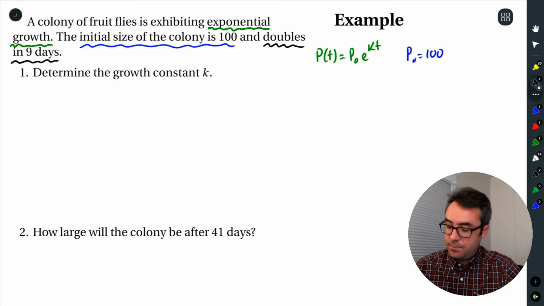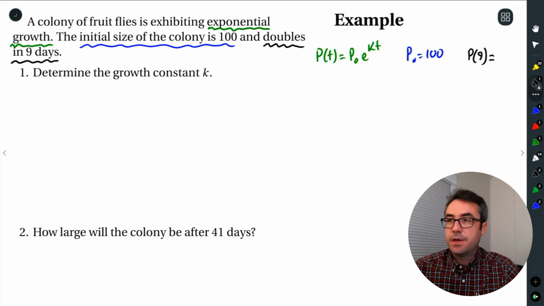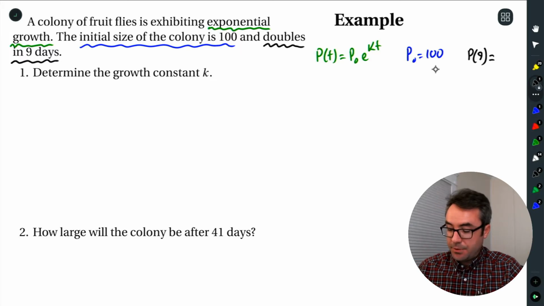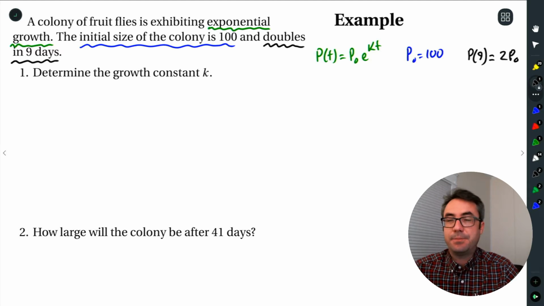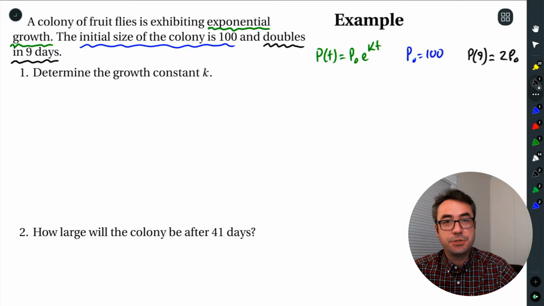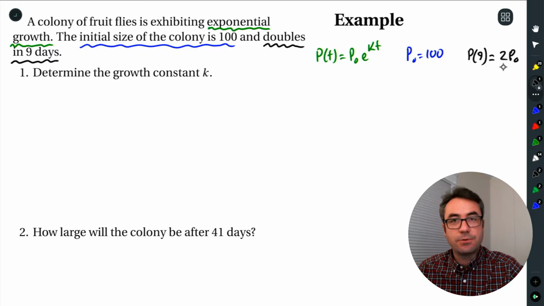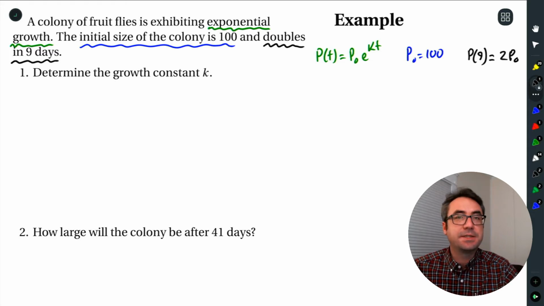So the population at t equal to 9, if we start with 100, should be double our initial population. You could set that equal to 200 if you want, but sometimes it's helpful to leave this a little bit more general, like this: 2 times our starting population. It doubles in 9 days. And we're going to use all of this to find our growth constant K.